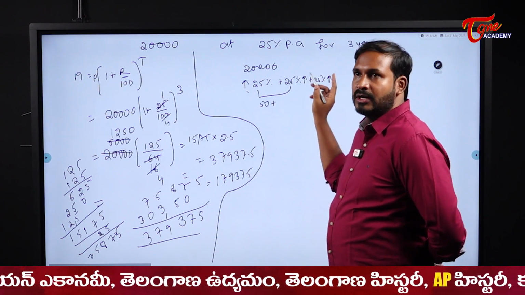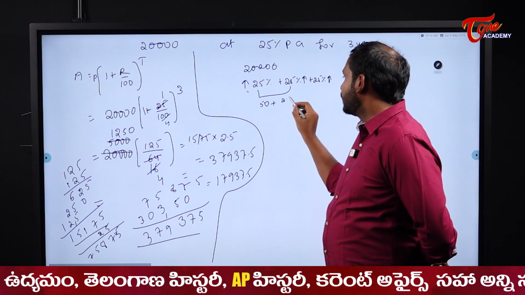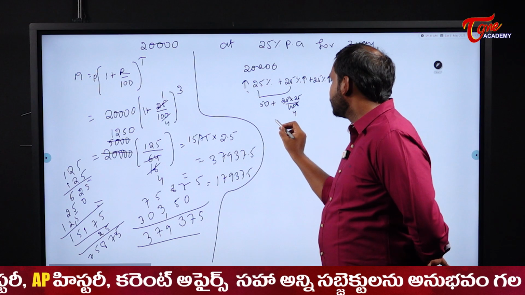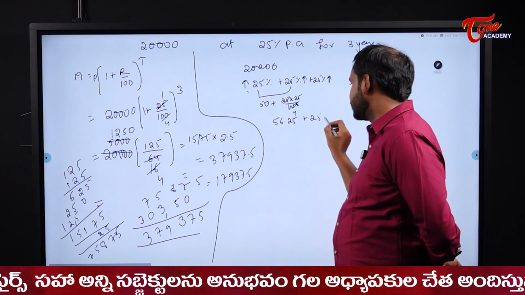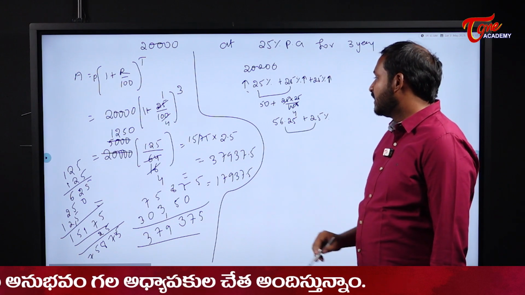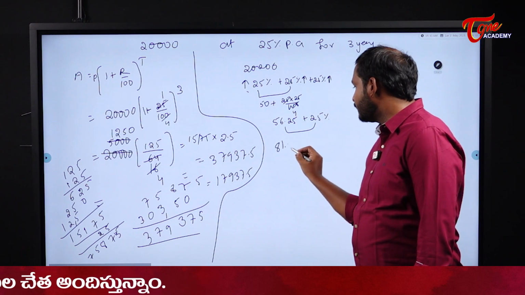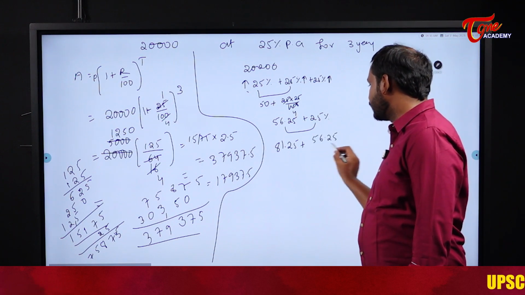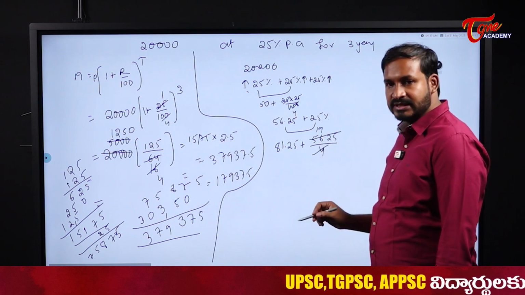50 plus, it will become 25 into 25 by 100. So 25 into 25 by 100, 4. It will become 56.25 plus 25%. 56.25% plus 25%. So once again, this will become what? 56 plus 25, 81.25 plus 56.25 by 4. 4 19s is 56.